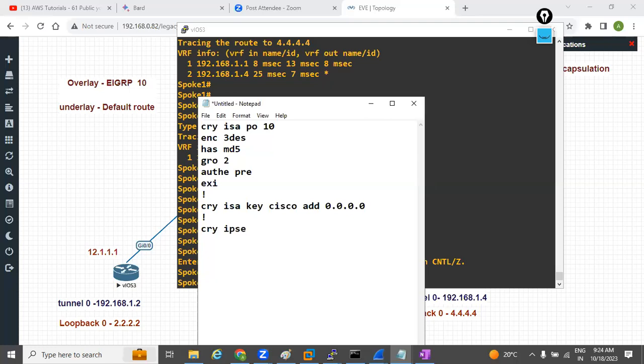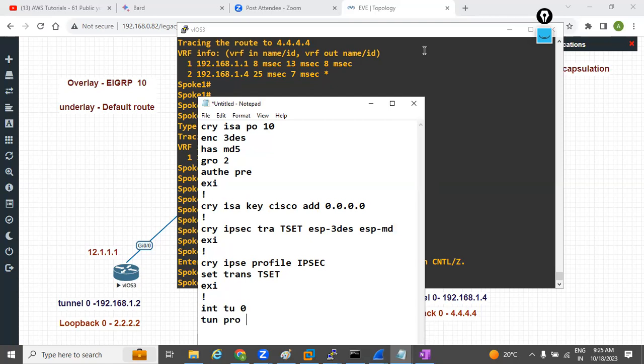Then crypto IPsec transform-set, T-set here, ESP-3DES and ESP-MD5. Now after this, crypto IPsec profile, which is IPsec, set transform-set T-set. This is clear. Interface tunnel 0, then tunnel protection with IPsec profile, name is IPsec.